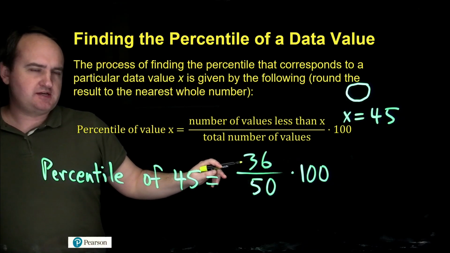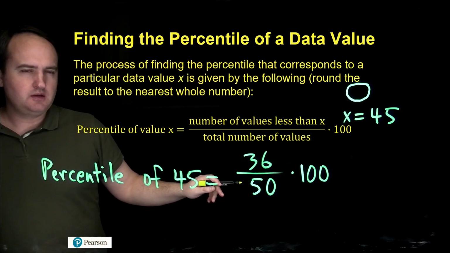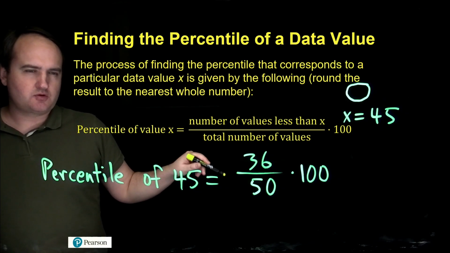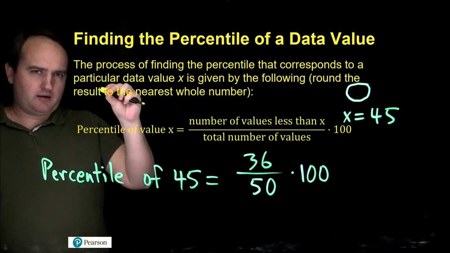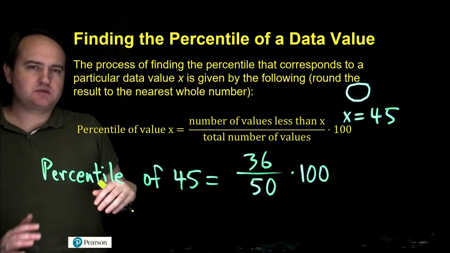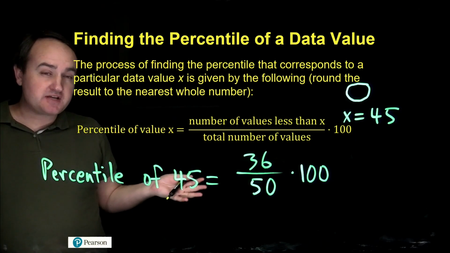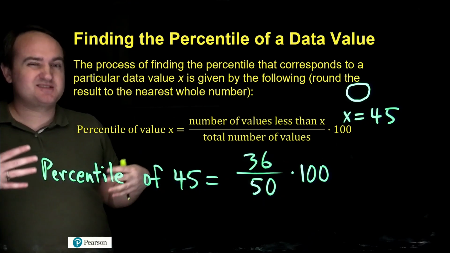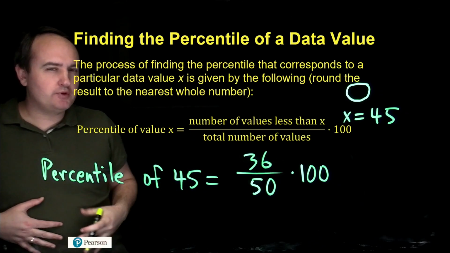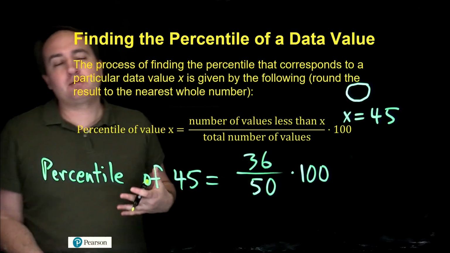And then the 36 divided by 50 is just going to tell us where that data value is in relation to the other data values as a percentile, which is really a type of percentage, or a lot like a percentage.